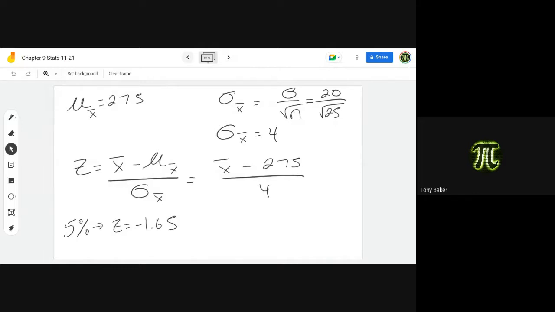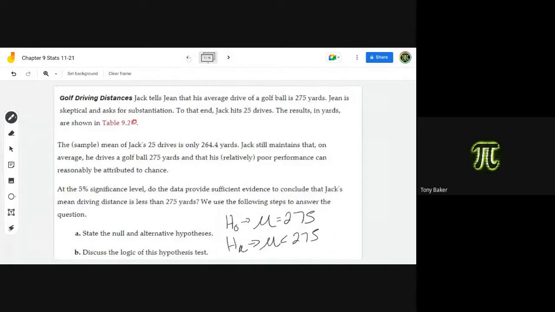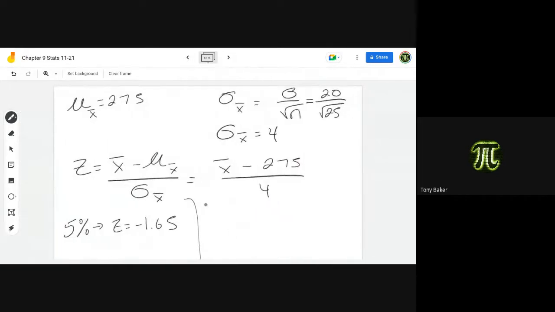All right, so now we're going to plug in to see what our Z-score really is. We're going to do what we just did here, except now we're going to put in 264.4. So 264.4 minus 275 over 4.